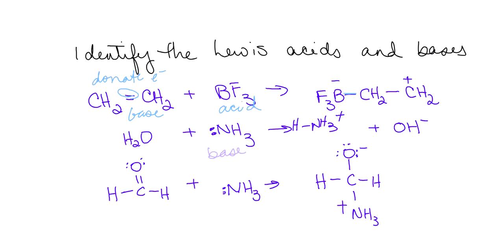So we have a consistency with our definitions. Arrhenius is the most specific, then we have Bronsted-Lowry, and the most general would be Lewis acid-base definitions. But under the Lewis acid-base definitions, we will find our Bronsted-Lowry and our Arrhenius acid bases.